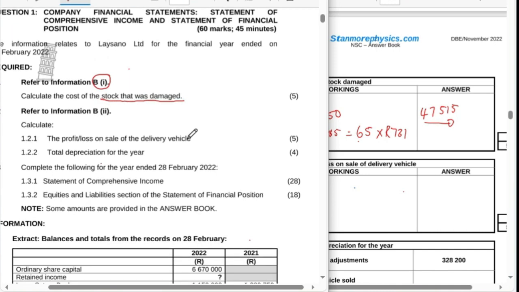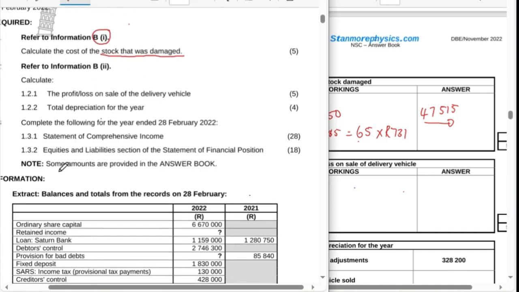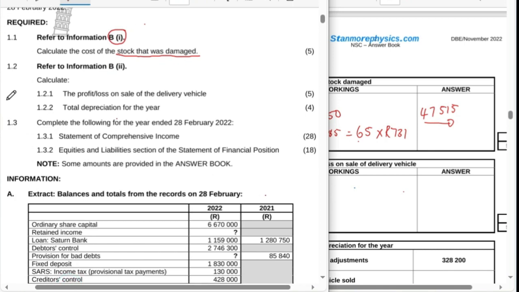question paper. And then the following question, it's 1.2, refer to information B2 only. So now we are going to take a look at information B2, and then 1.2.1 says calculate the profit or loss on sale of the vehicle, 5 marks. Meaning now guys, we need to calculate the profit or the loss on the sale of the vehicle, meaning we sold our vehicle.